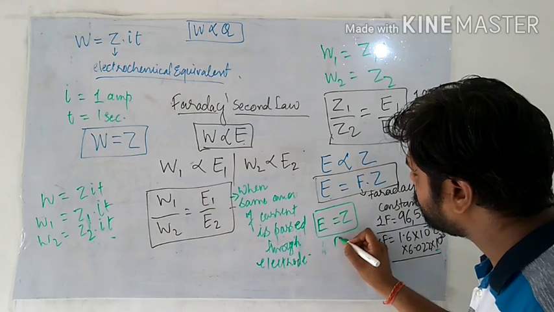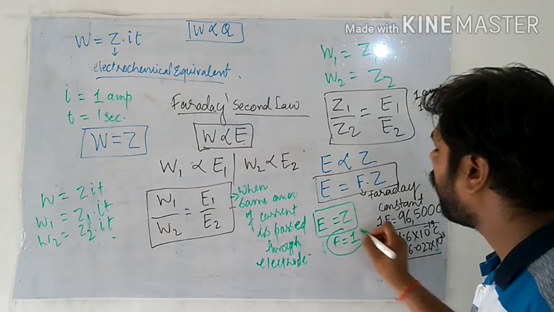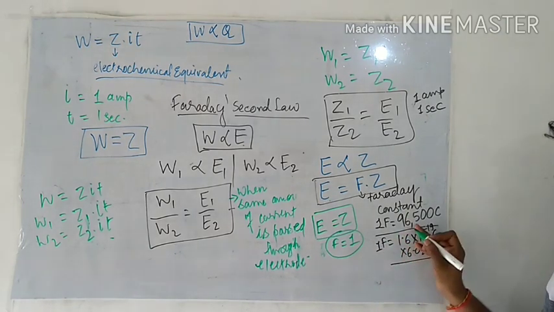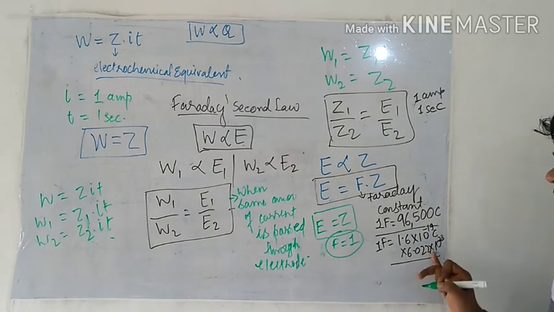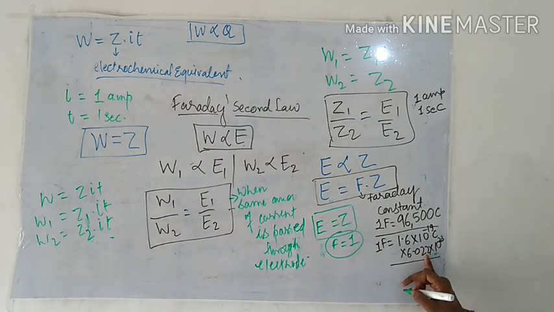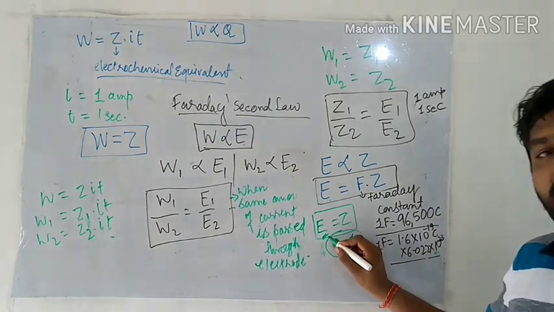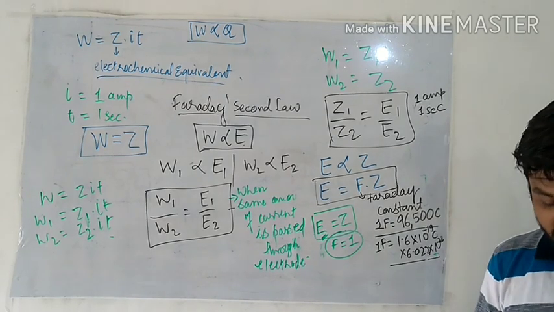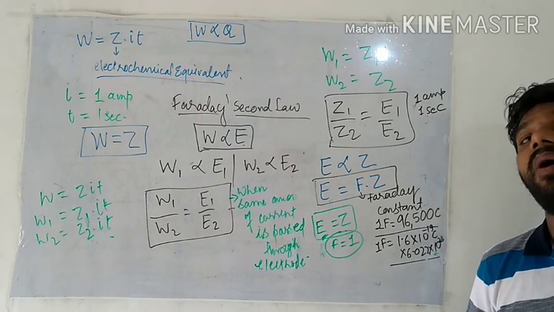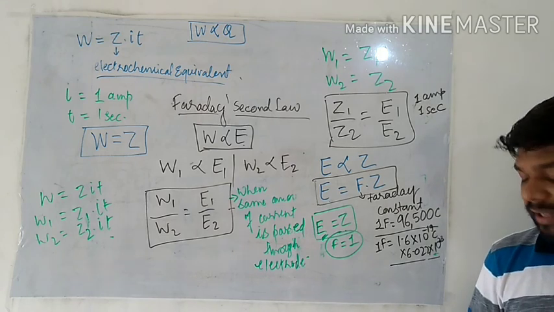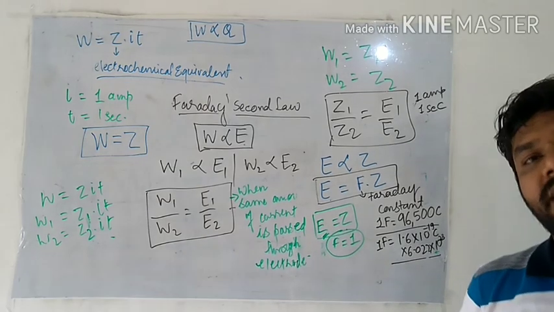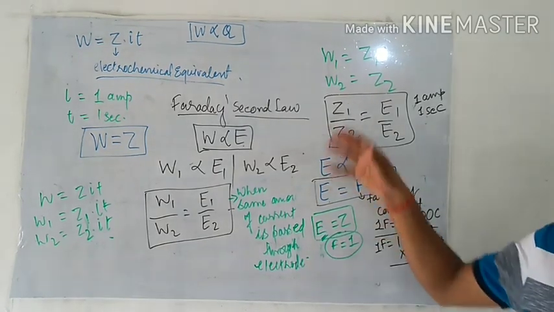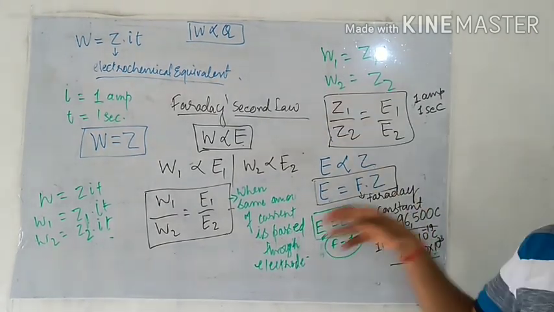When the current passed through the electrode is 1 Faraday और 96,500 कूलॉम. तो किसी भी इलेक्ट्रोड से अगर हम 96,500 कूलॉम पास कर दें या 1 मोल ऑफ इलेक्ट्रॉन पास कर दें, तो जो सब्सटेंस का इक्विवेलेंट वेट होगा वो Z के बराबर हो जाएगा. ठीक है, इसका मतलब अगर किसी इलेक्ट्रोड से हम 96,500 कूलॉम पास कर देते हैं तो इन दैट केस सब्सटेंस के इक्विवेलेंट वेट के बराबर मास इलेक्ट्रोड पर डिपॉजिट हो जाएगा. And we will solve the numerical on this relationship.